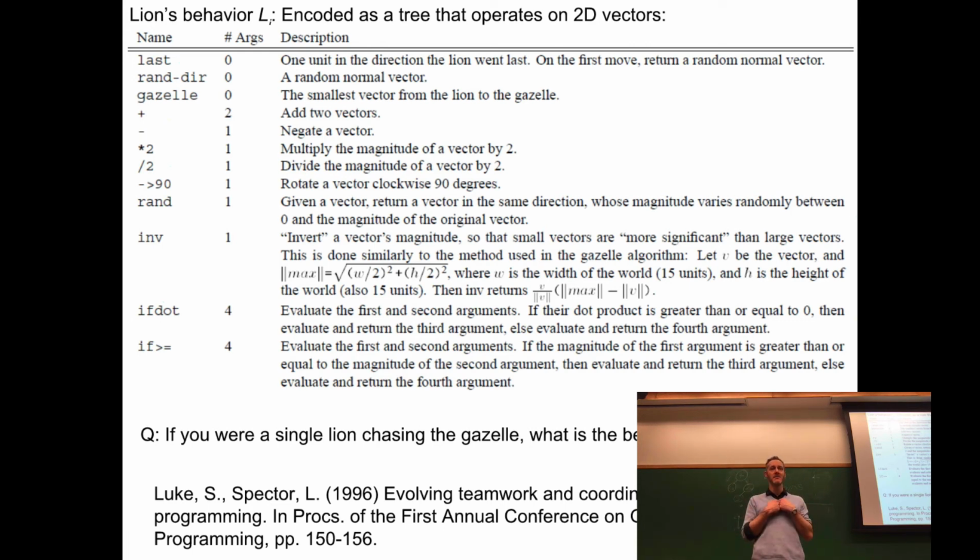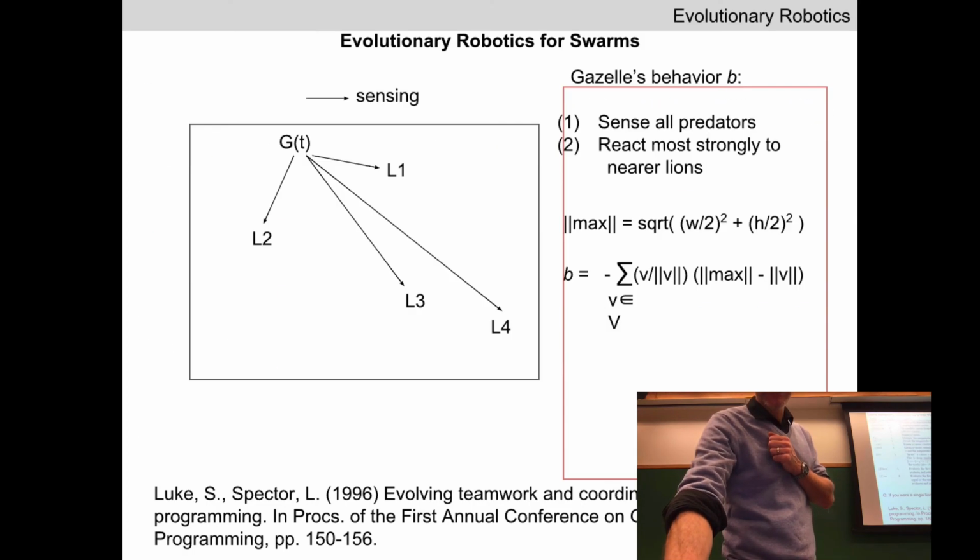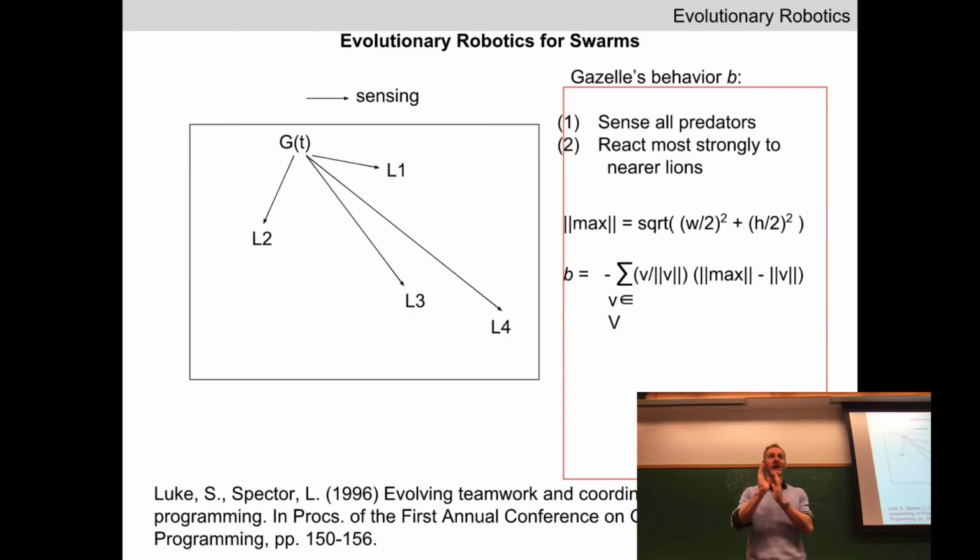So I'm a lion, and if I use the last variable, that means the direction I traveled in at the last time step. Random direction is a random vector on the toroid, and gazelle is the smallest vector that connects me to the gazelle. Why the smallest? Well, remember that because we're on this toroidal plane, there's lots of vectors that could connect me with the gazelle, and we take the shortest one.